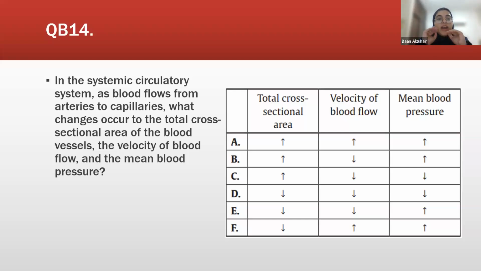They branch everywhere, so their total cross-sectional area is bigger than the aorta itself. The aorta is alone, but the capillaries have so many branches. So their total cross-sectional area is the highest. I can get you a recall question asking what's the highest in total cross-sectional area.